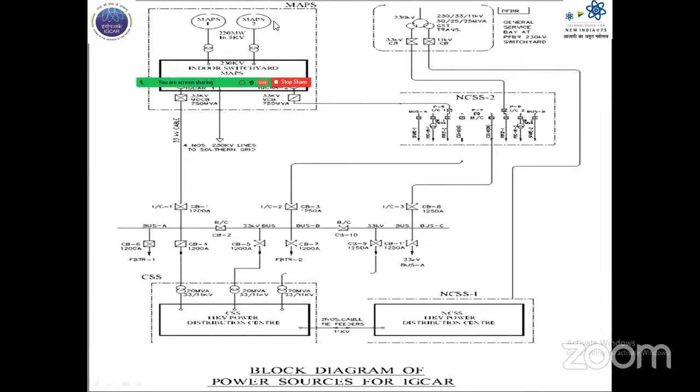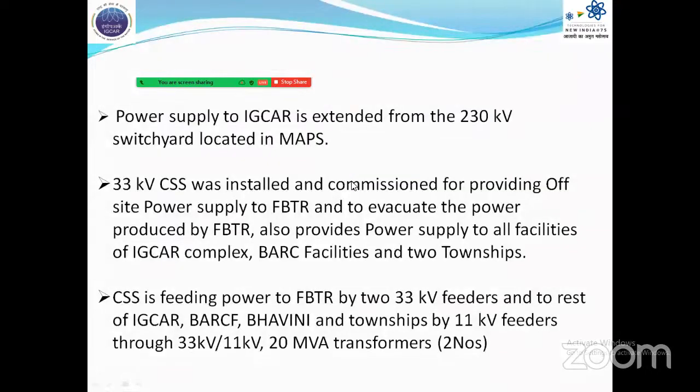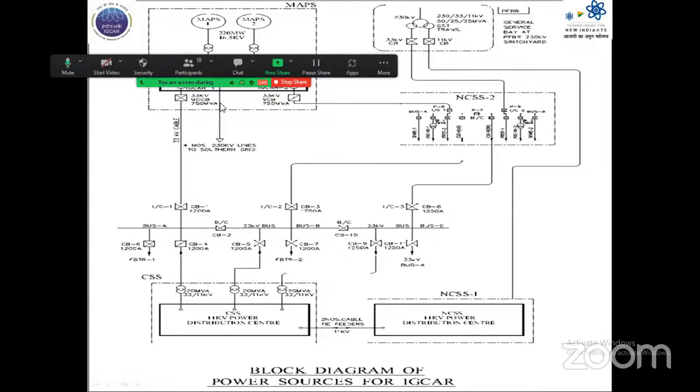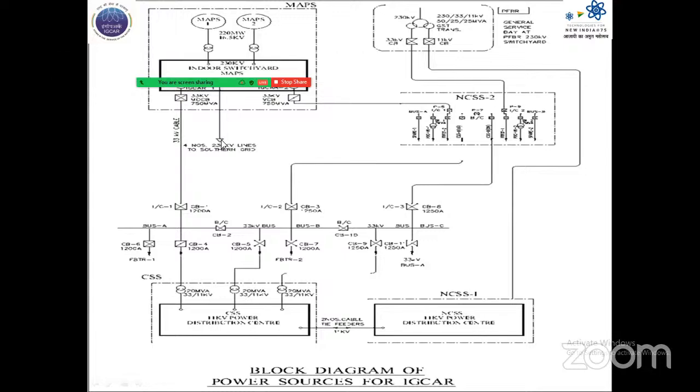Here is the original arrangement from 4 decades ago. The 33 kV CSS in IGCAR was receiving power supply from MAPS directly through one feeder, and the second feeder was also availed from MAPS directly to the 33 kV CSS.